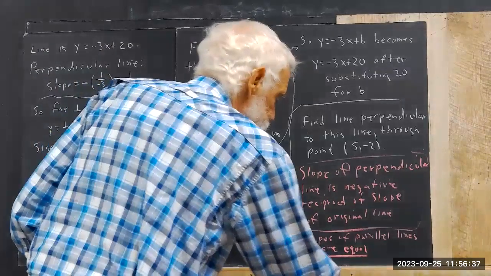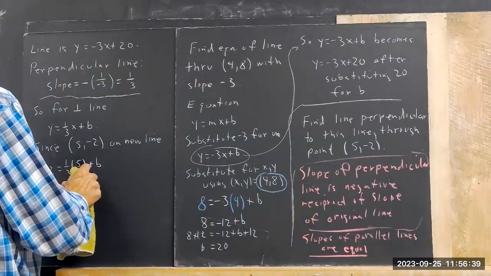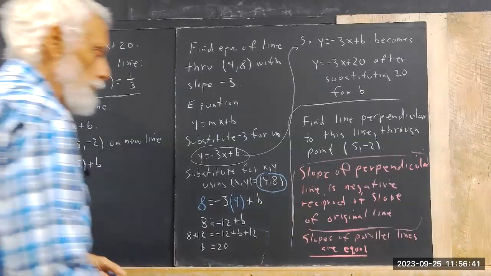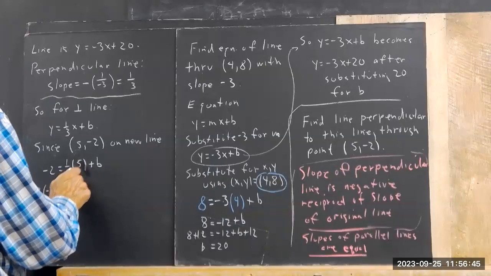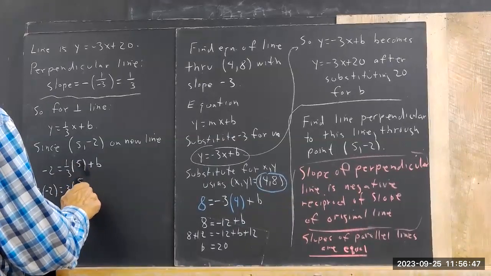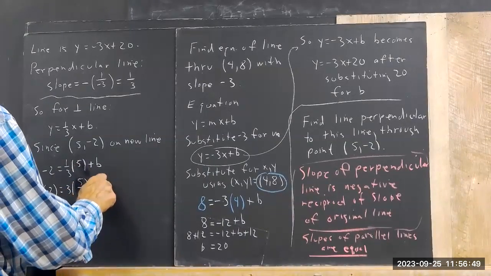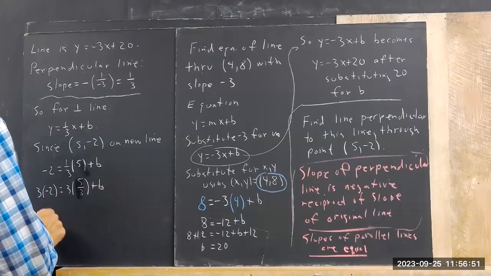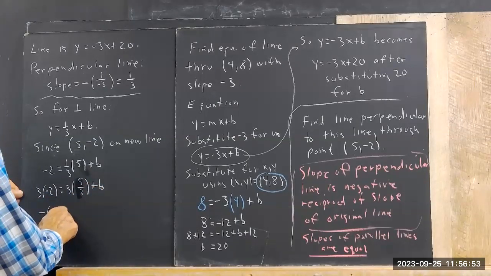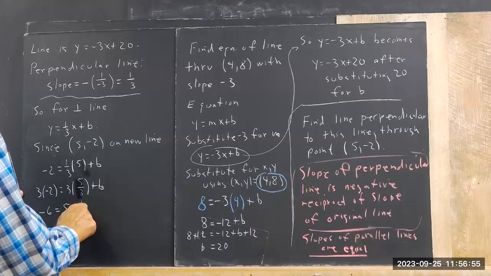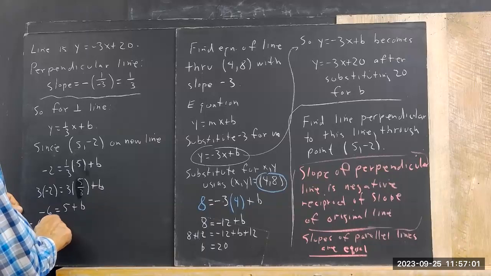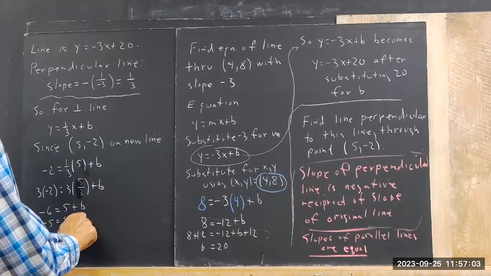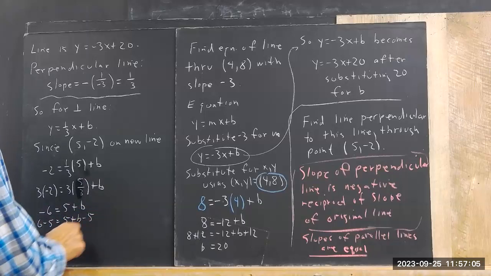And as before, 1/3 of 5 is 5/3. That gives us -6 equals 5 plus b. So that -6 minus 5 equals 5 plus b minus 5.